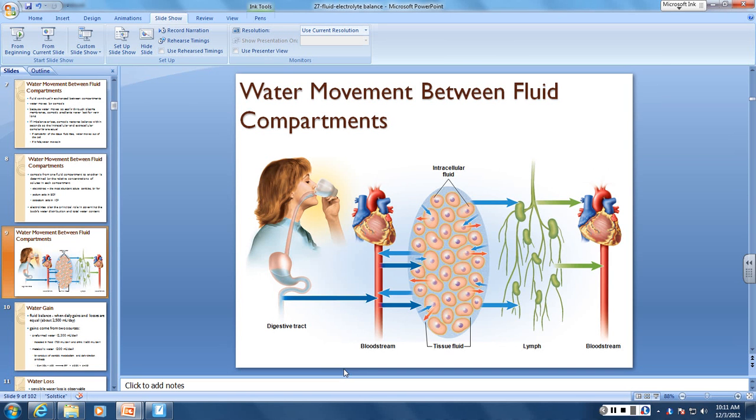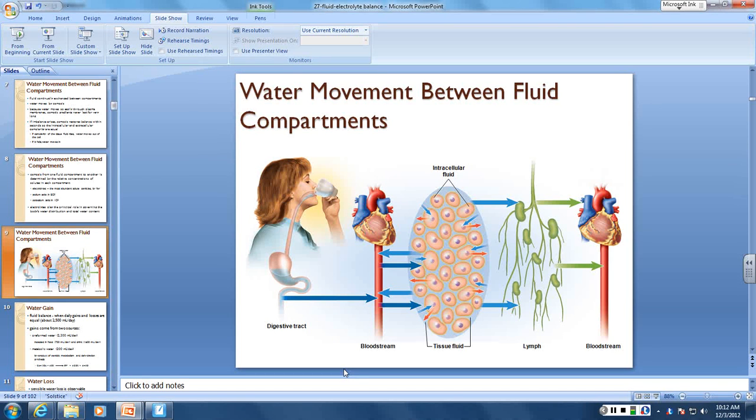So we bring water into the body when we drink, correct? Drinking water ends up in our digestive tract, but it immediately is absorbed into the what? Into the bloodstream. Now, in the bloodstream, water circulates and the kidneys get rid of any excess.